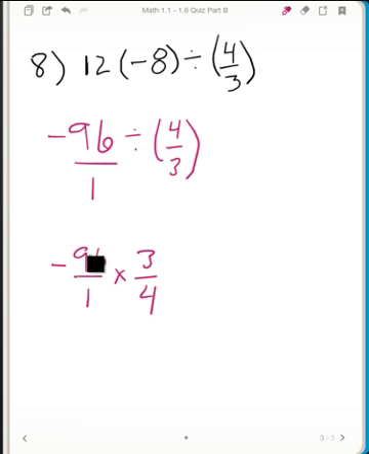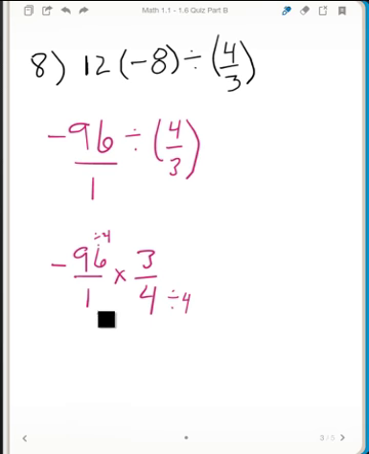Then again, I could multiply this through. I'm going to get a huge number if I multiply negative 96 by 3. So let's see if I could reduce the top and bottom, and I can, because I could divide this by 4, and I could divide this 96 also by 4.